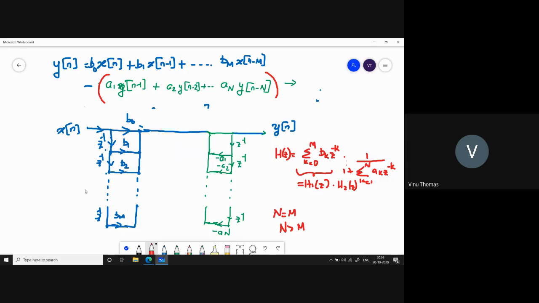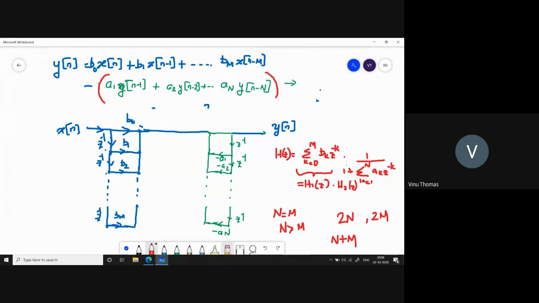So you require n plus m locations. Since for this example you have taken n equal to m, you require 2n locations or 2m locations. In general, when n is greater than m, you require n plus m locations.